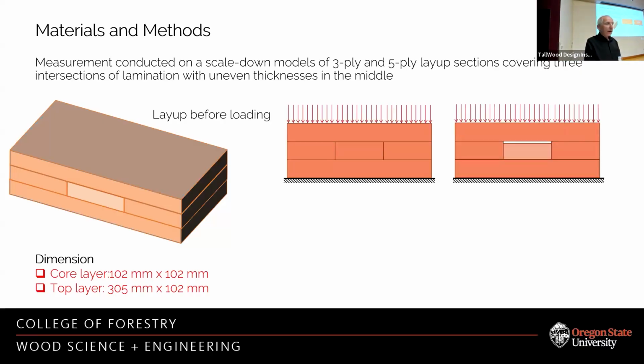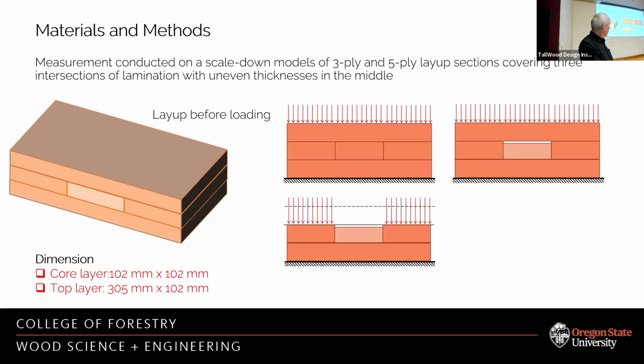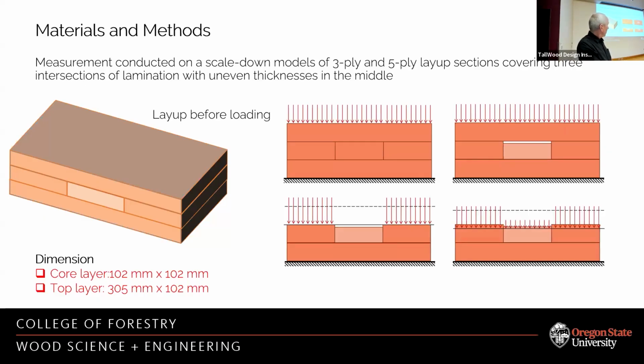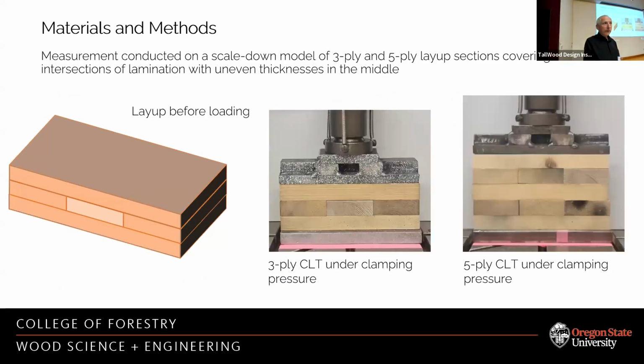If you press on them, if everything is exactly the same thickness in the middle, there is no problem. All the load is going to be transferred. If there is a gap in here, however, you will have a lack of pressure in here. And even if this thing deforms and finally makes contact in here, the level of pressure is going to be different than the one designed for the adhesive. Okay. Now, these are built in practice.